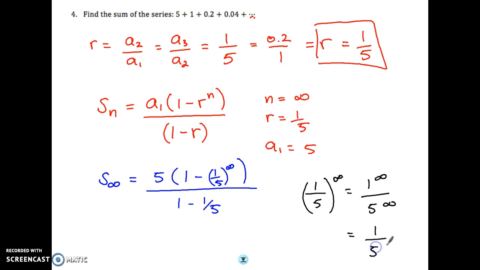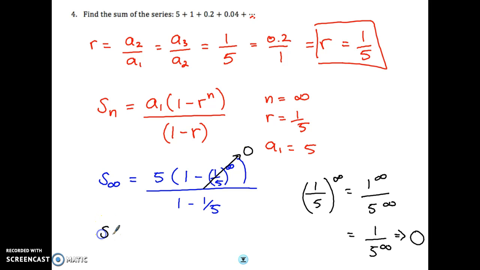So we've really got 1 divided by 5 to the power of infinity. And actually, that value there tends towards 0. So what we can say is that this is so infinitesimally small that we're going to approximate it to 0.